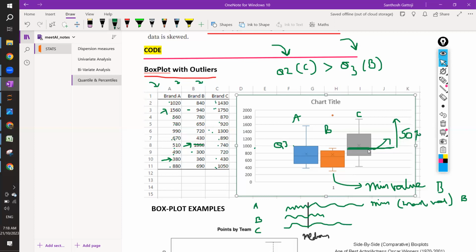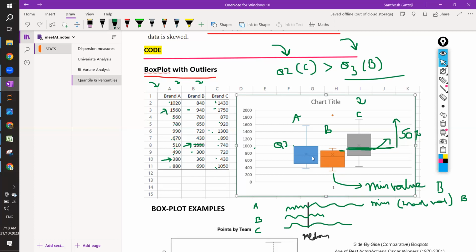And if this value is greater than Q3 of B, that means 50 percent of the values are automatically greater than the 75th percentile value of B. That means its range is clearly higher than the B values. Agree? The Q3 of B is standing at the level of the Q2 of C. So obviously the range of C will be greater than B.